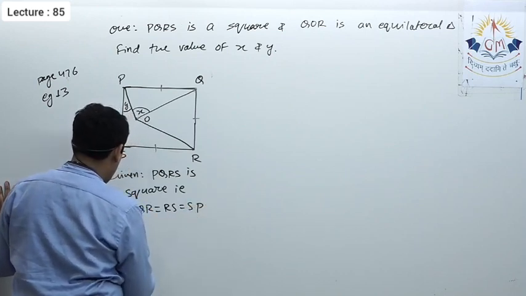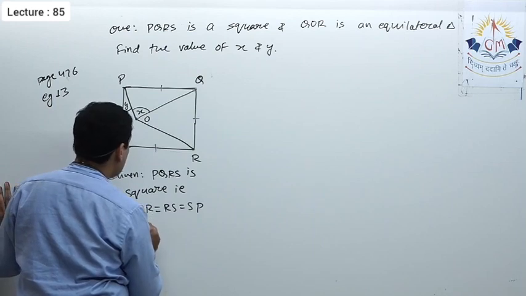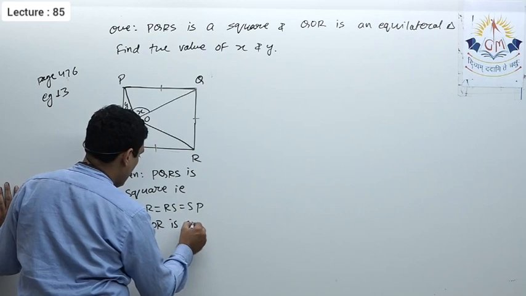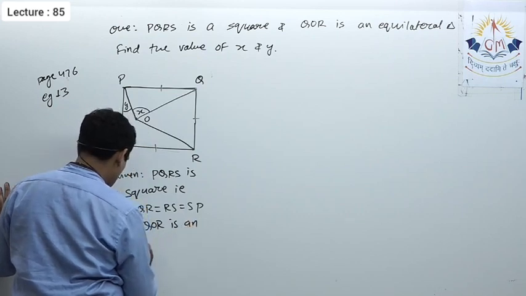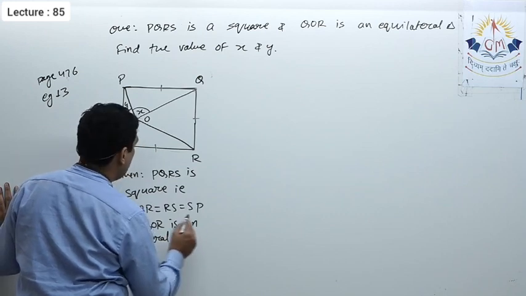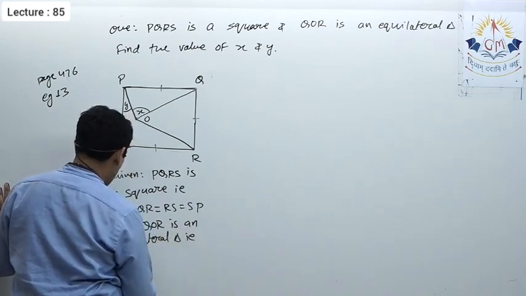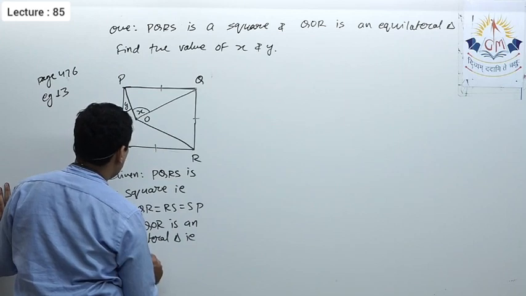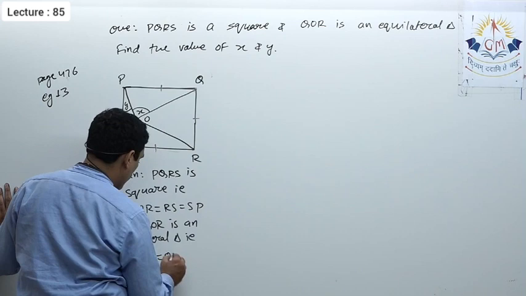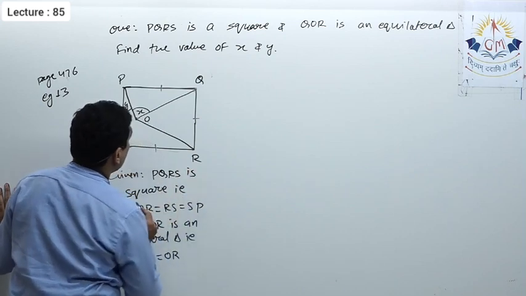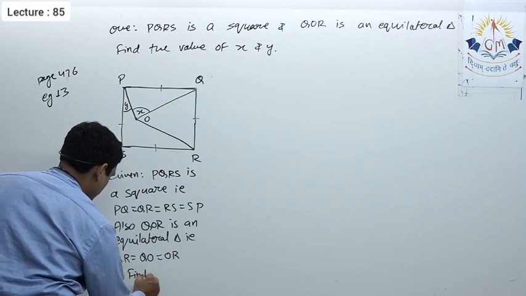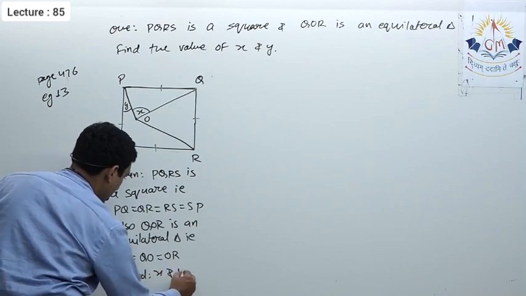Also QOR is an equilateral triangle, that is we have QR equal to QO equal to OR. What we have to find is x and y.